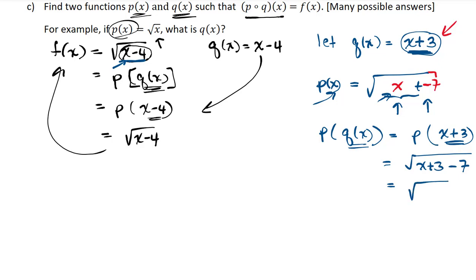And therefore, under the radical sign, you can see that combining like terms, we have x minus 4, which again is the function f of x. So this is another possibility to create a composition of two functions so that when we evaluate p circle q, we'll end up with the function f.